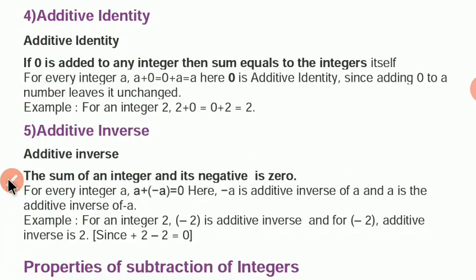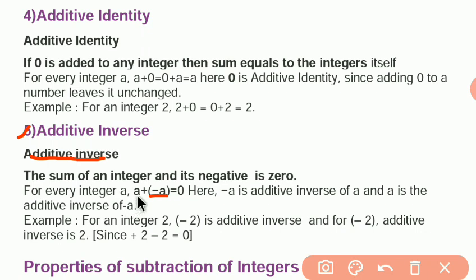Now the fifth and last property, additive inverse. We have seen this before: the additive inverse means the opposite of that number with respect to sign. So the sum of an integer and its negative is 0. For every integer, a plus minus a is equal to 0. Here you can see that for a, its additive inverse is minus a.